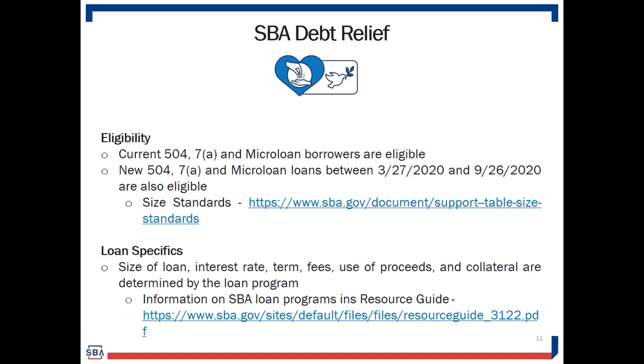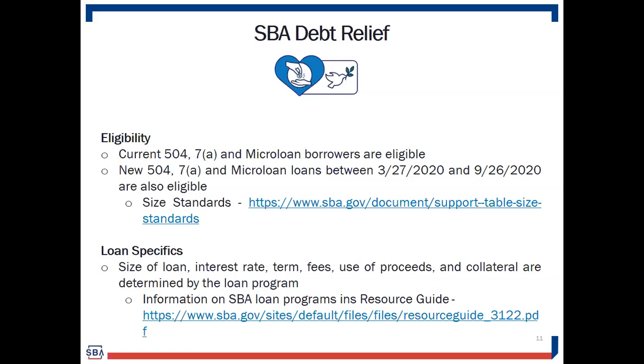The specifics of the program are going to follow the specifics of the 504, the 7A, and the microloan program. For instance, the 504 program can only be used to finance capital equipment purchases and real estate purchases. If you're buying a building or building one from scratch, you would be eligible for the 504 program.